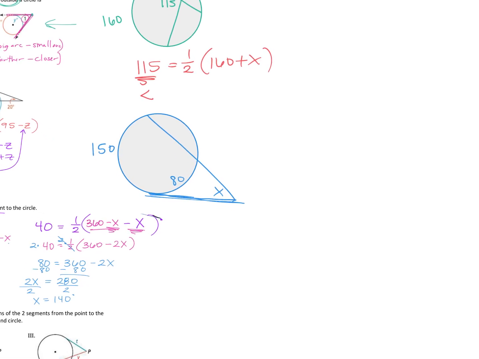Okay, so here's your picture. Are you gonna add or subtract? Subtract. You're gonna subtract because the angle's outside, and what is your standalone? 150, 80, or x? X. The angle's always the standalone. So x equals half of what? 150 minus 80. Right, bigger minus smaller, or farther away minus closer to the angle.